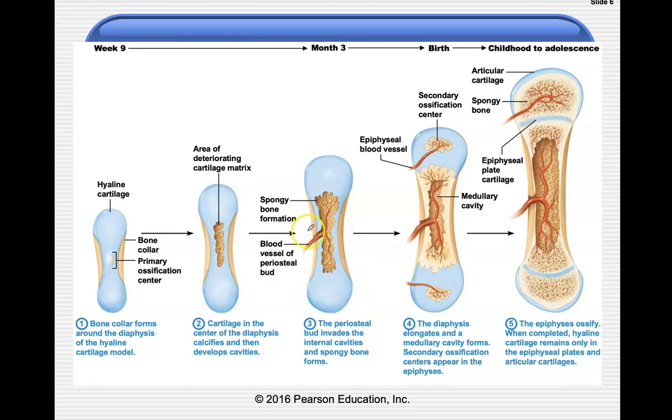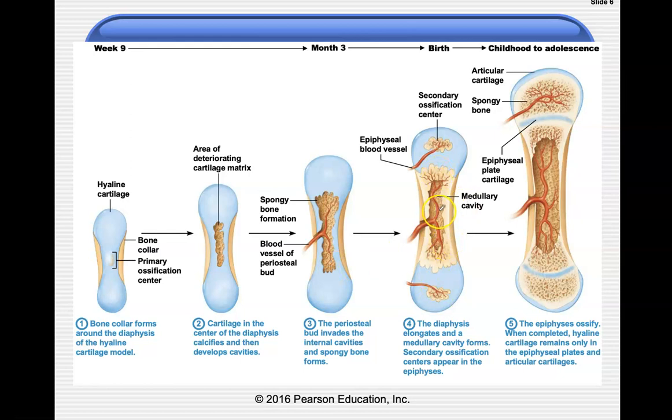Okay, so as we bring in blood vessels, again, these mesenchymal cells will then differentiate into osteoblasts in the center here, and then again secrete matrix and form spongy bone.